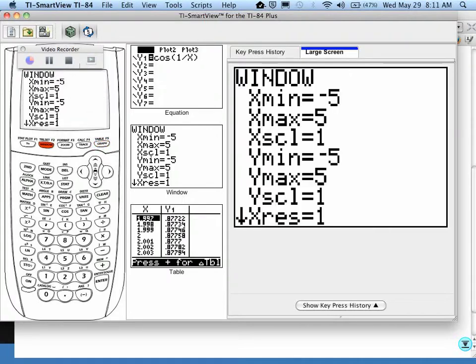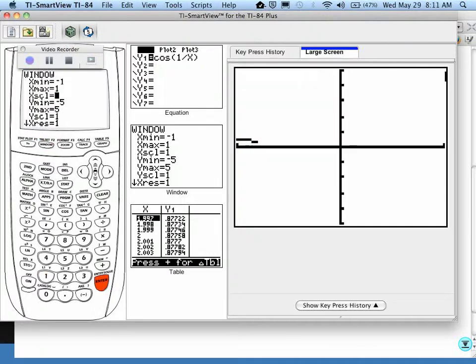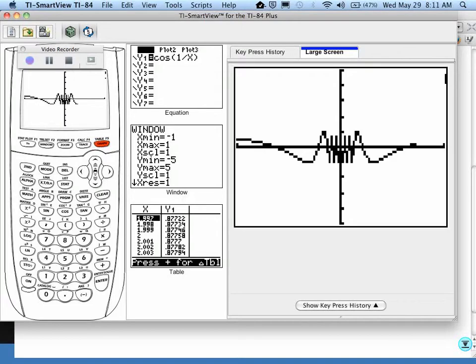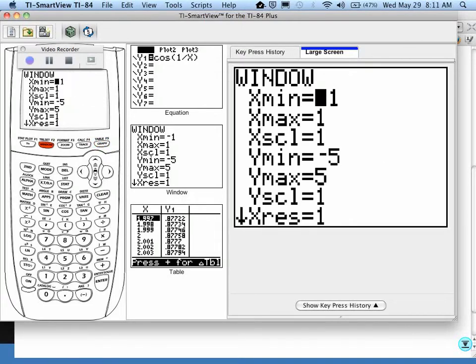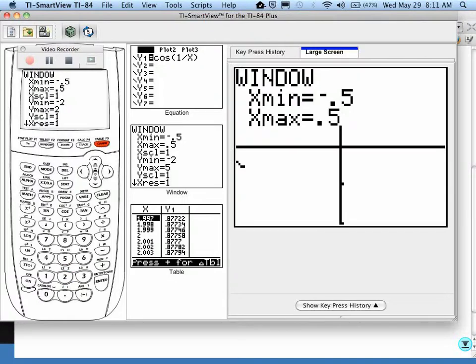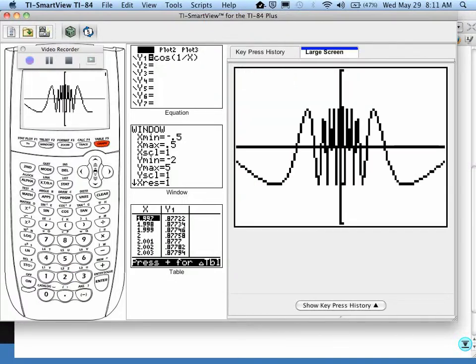What the heck? Let's try a little here, negative 2 to 2. We keep getting closer and closer in. You keep expecting that we've zoomed in enough and you can just see something, but as we get closer and closer, it keeps looking like a barcode.